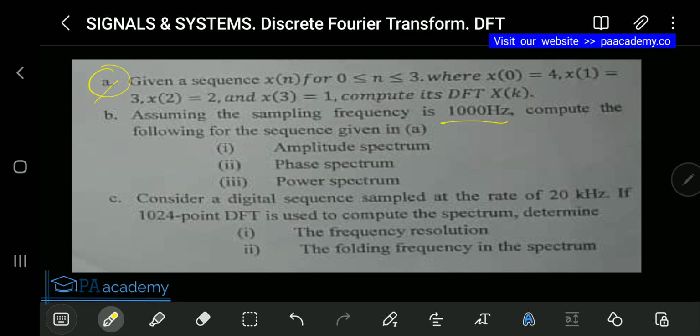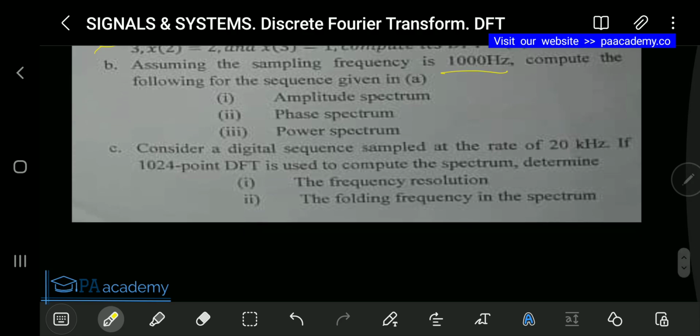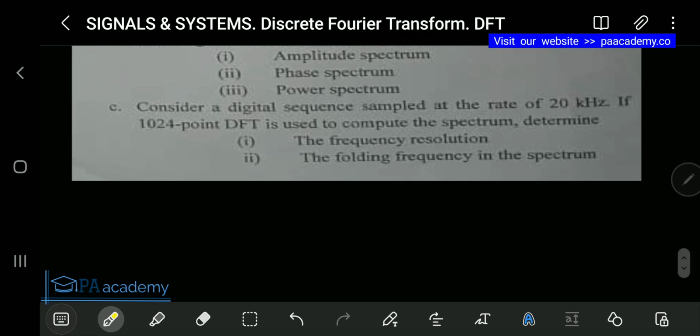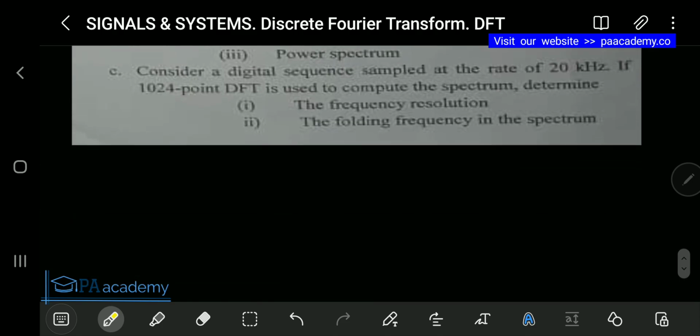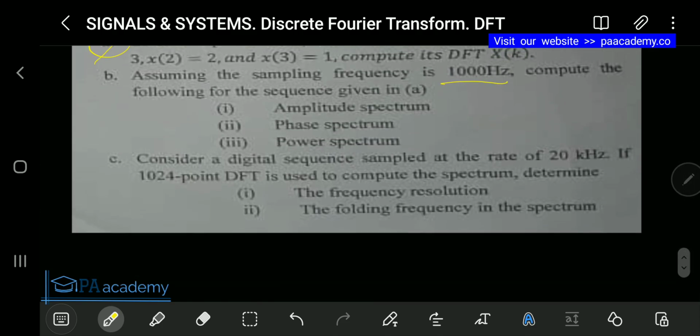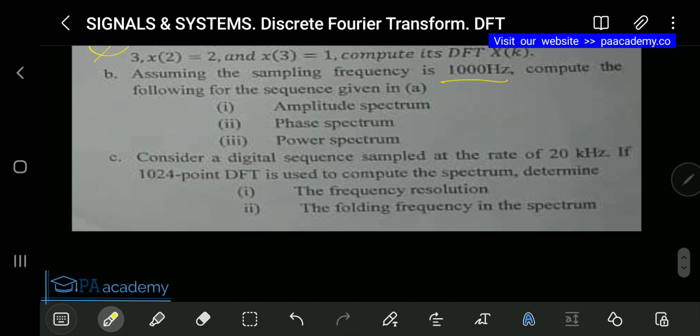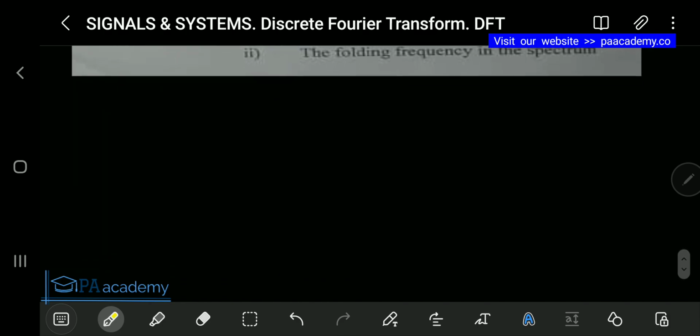What I want to do now is give you the formulas that we are going to need to solve the B part. We are asked to find the amplitude spectrum, the phase spectrum, and the power spectrum. So now let's get started.